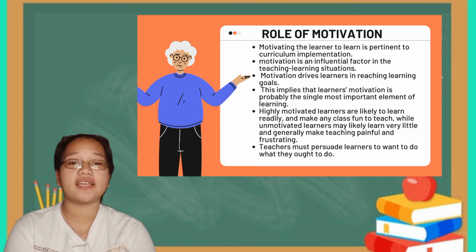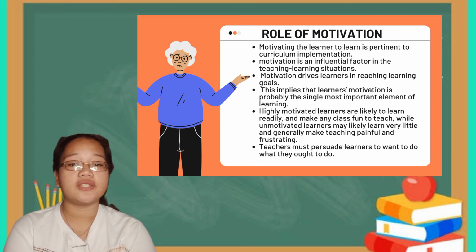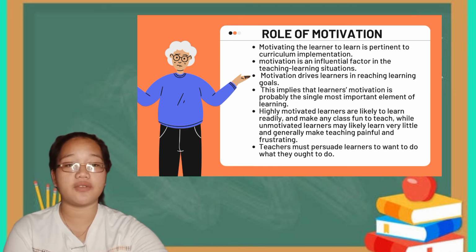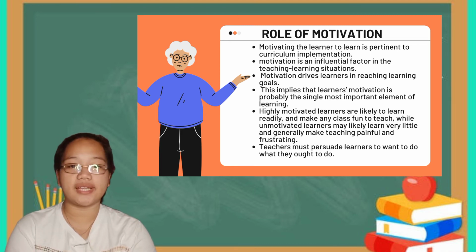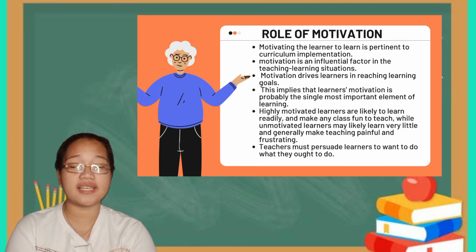This implies that learners' motivation is probably the single most important element of learning. Learning is inherently hard work. It is pushing the brain to its limits and thus can only happen with motivation. Students' motivation to learn is of special importance because students' mere presence in the class is of course not a guarantee that they want to learn.